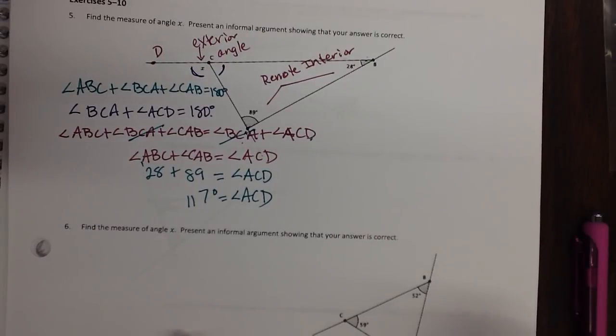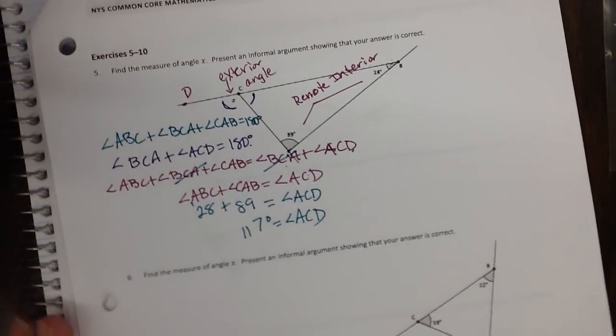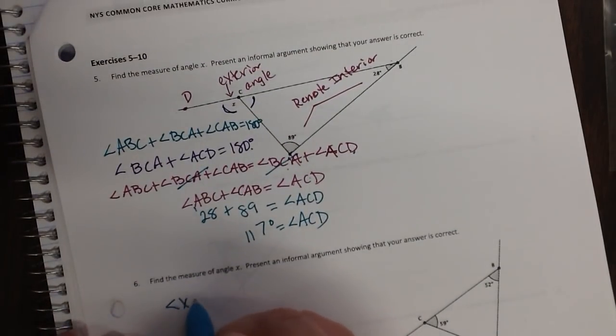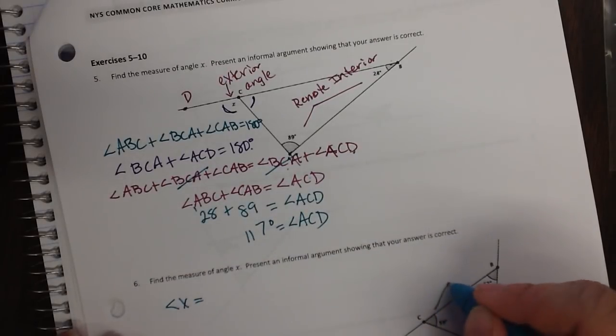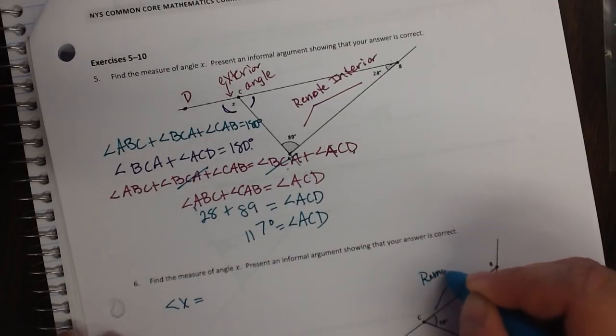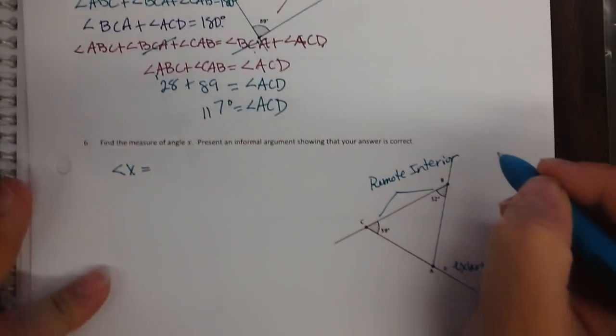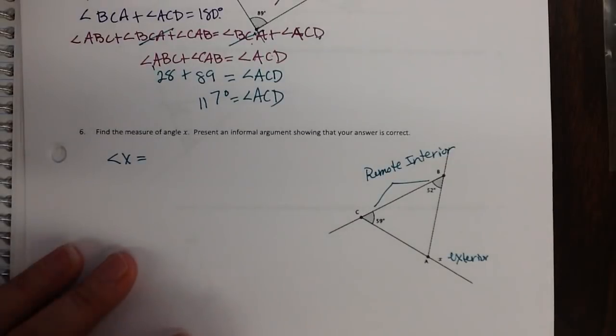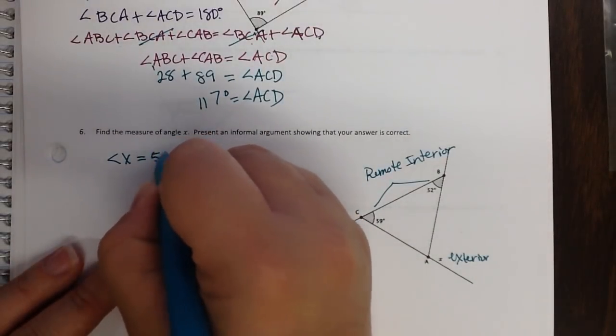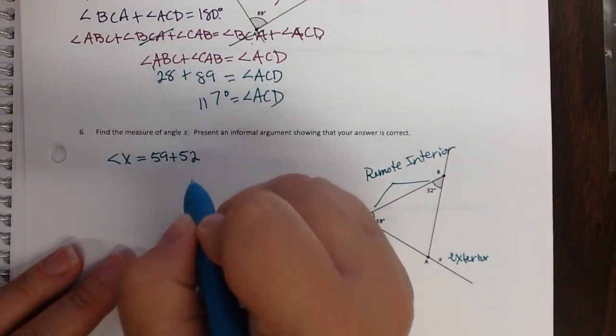Okay, so here we go. X is the exterior. So we can do it this way, or we could do it this way. So these are the exterior, these are the remote interior. Oh, you can't see that. So angle X equals 59 plus 52.